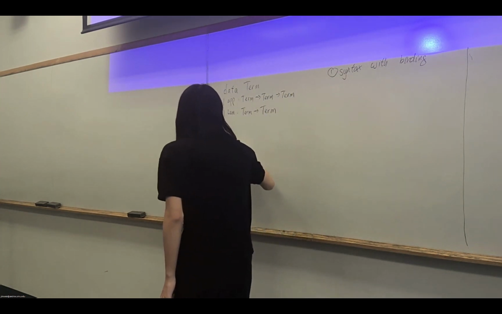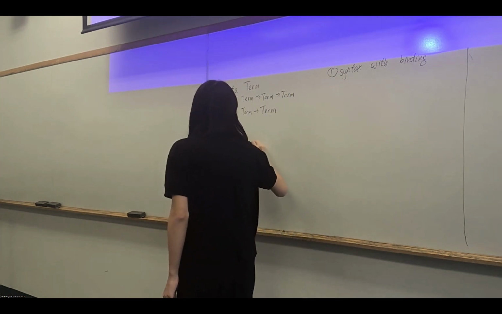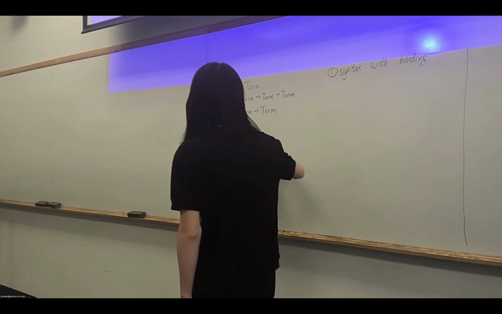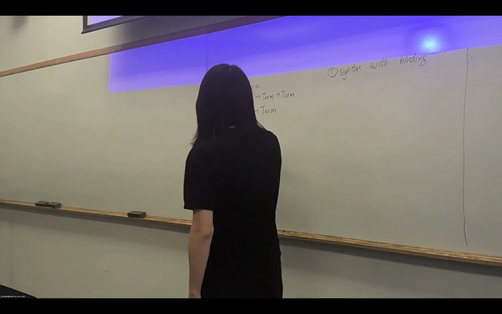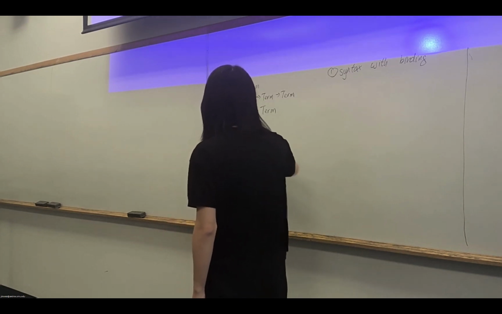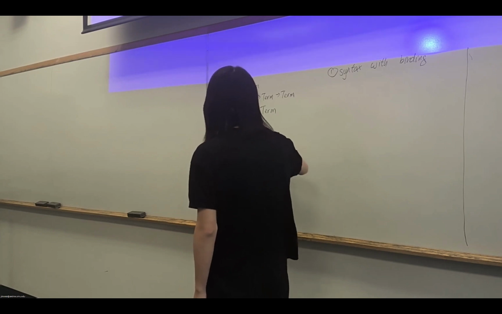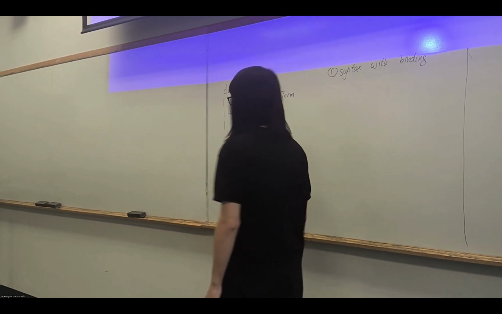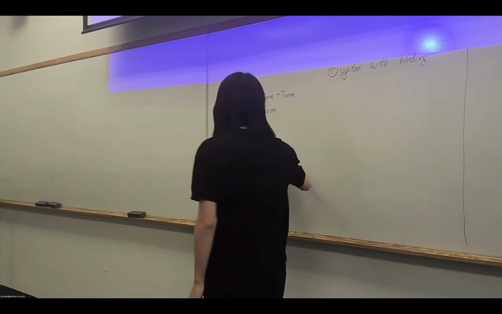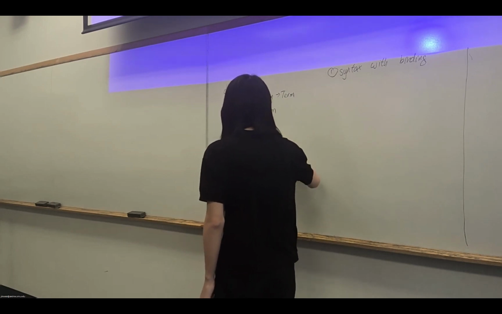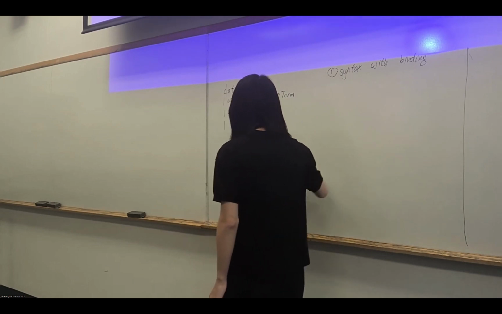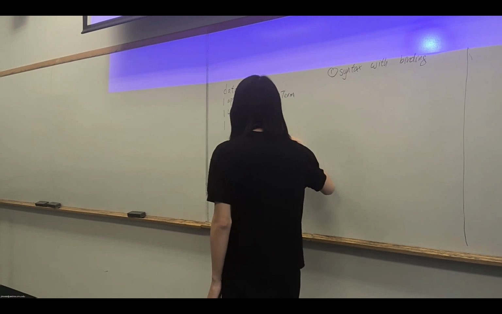We write like lambda x, lambda y dot x y for this expression. And this corresponds to a lambda where the body of the lambda is also a lambda, and then the body is an application of two variables. And we want to be able to test the equality of them such that we can equate things up to renaming of these variables.